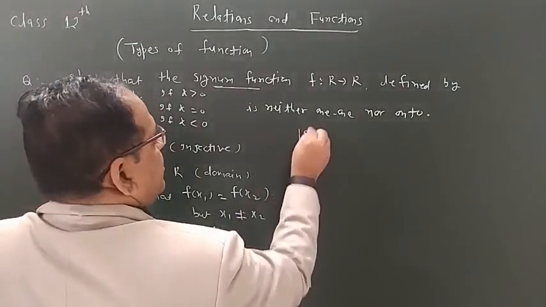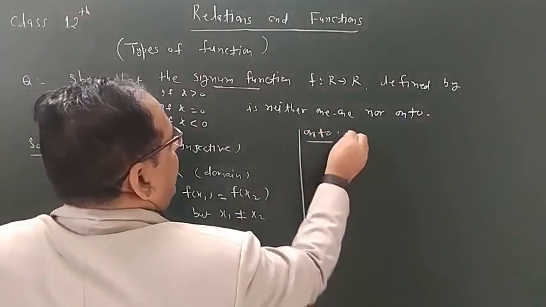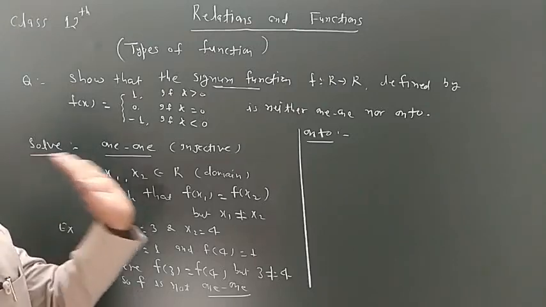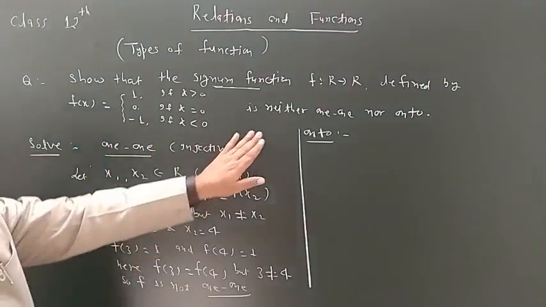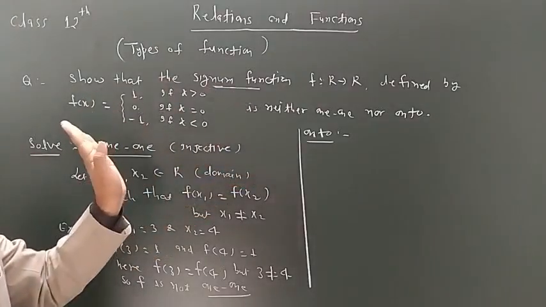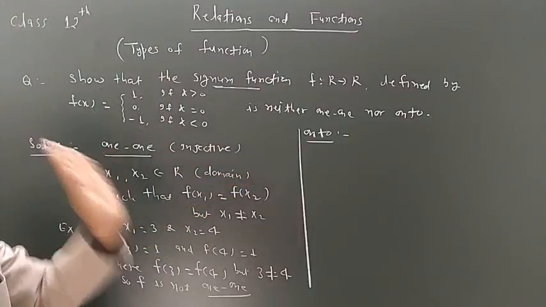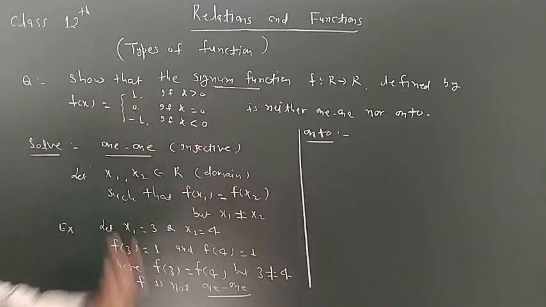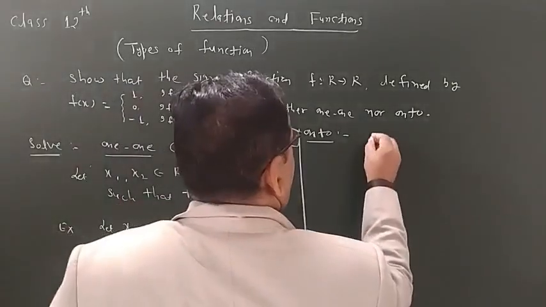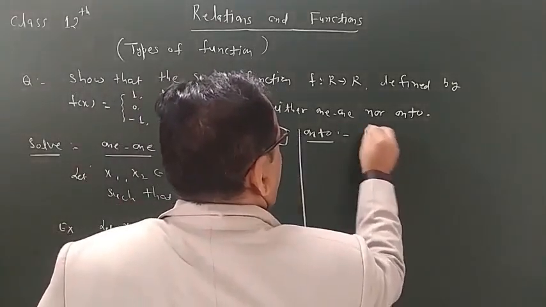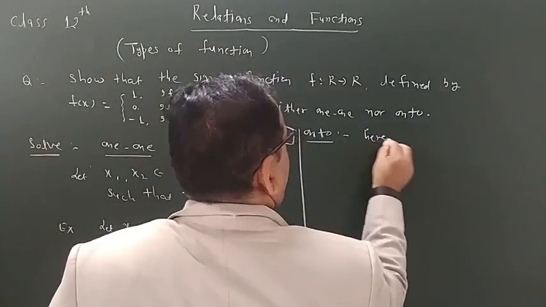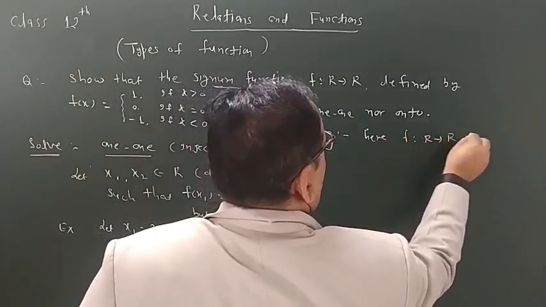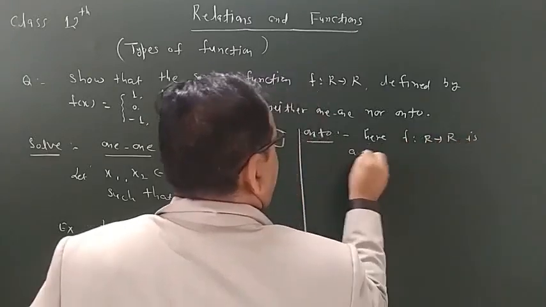Now we discuss onto. It is clear that if the range of the function is a proper subset of the codomain, the function is never onto. Here f from R to R is the signum function.